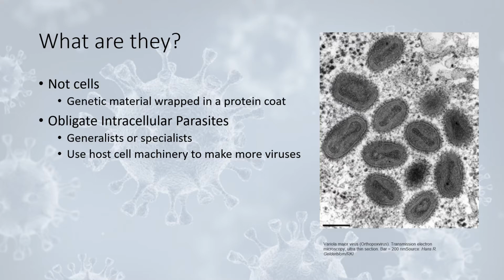Once that genetic material is inside a cell, it takes over the host cell machinery, the parts of the host cell that do things like make proteins, make copies of genetic material. And so now the virus is using the host cell to make new virus particles. These kind of automatically self-assemble into new viruses, which can then be released from the cell in various ways and go on to infect another host.